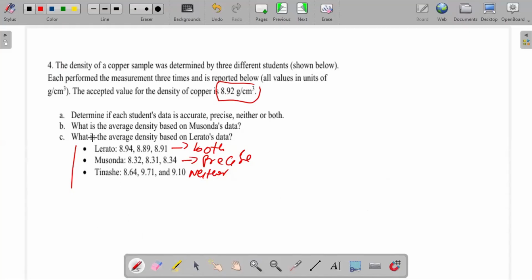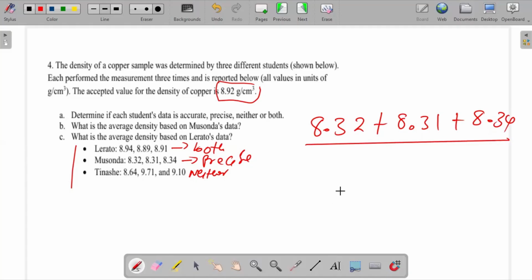So we are done with the first part. The second part is: what is the average density based on Musonda's data? For the average, we simply get the data that we've been given, which is 8.32 plus 8.31 plus 8.34, then we divide by the number of measurements, which is 3.